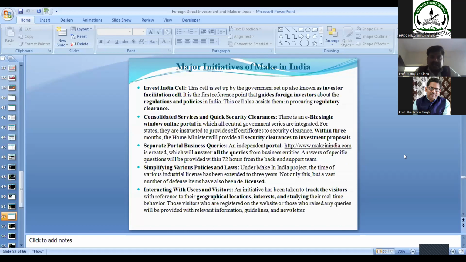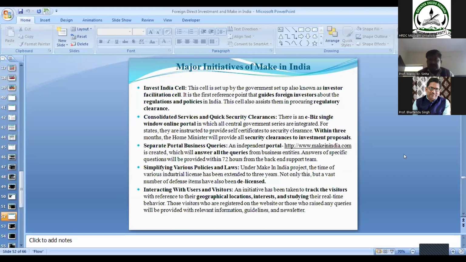Invest India Cell. This is also known as the investor facilitation cell. It guides foreign investors regarding the laws, regulations, and policy of India, and also introduces them to the Indian economic environment.